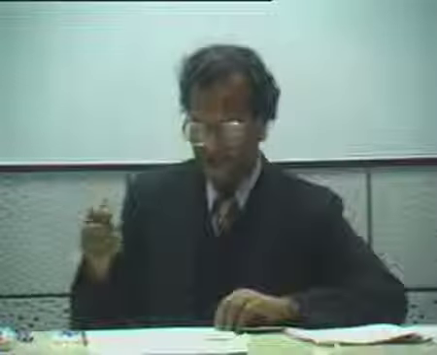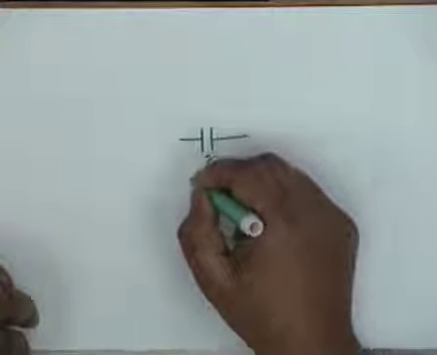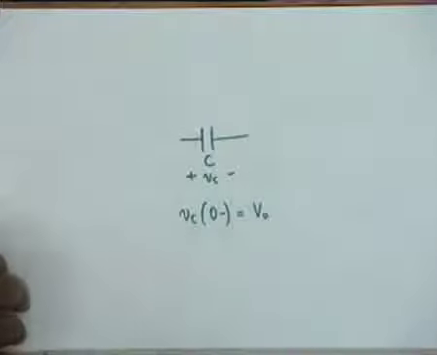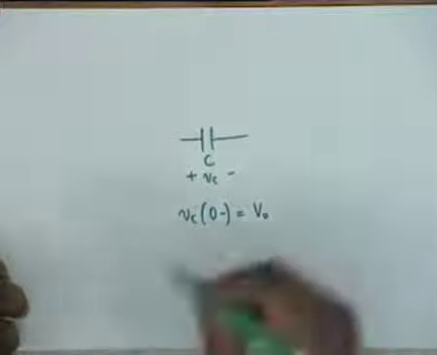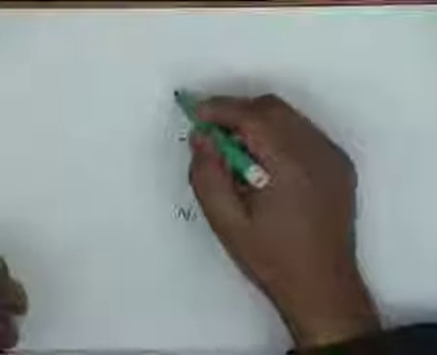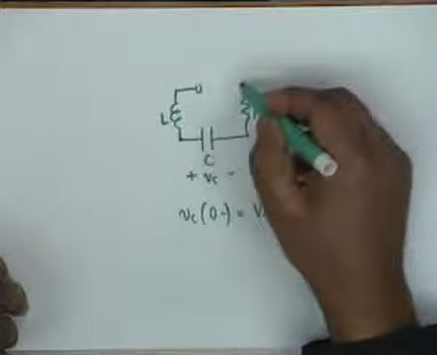Now, enough about the first order circuit. Now let's look at a second order circuit. Let's consider a capacitor C which is charged to a voltage V0, at let's say t equal to 0.